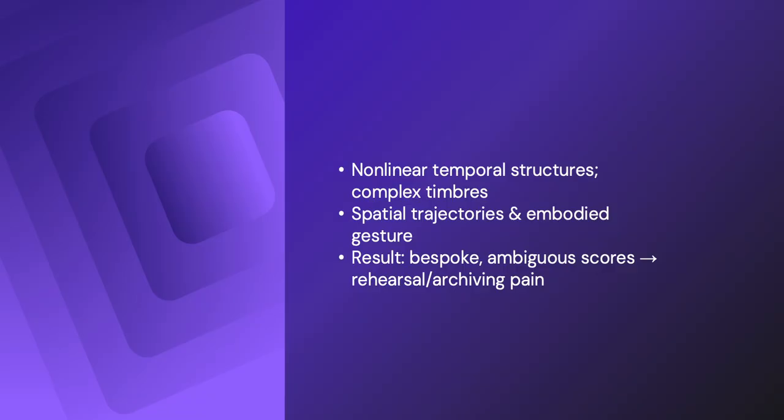In short, the most important parameters for this repertoire, spectral shape, spatial trajectory, and gesture, are hard to encode in a fixed symbolic script. This mismatch is the reason people look to AI, not to imitate composition but to translate, summarize, or align information so the score is clearer and performance is more reliable.